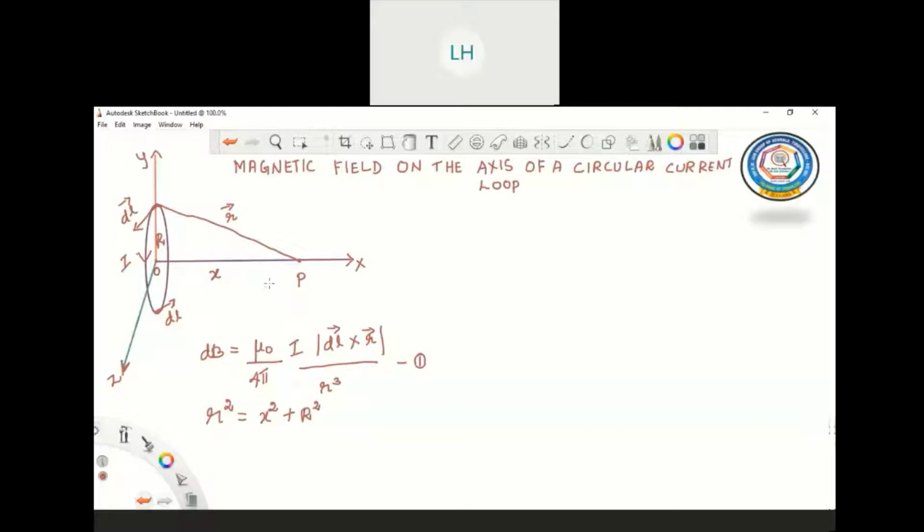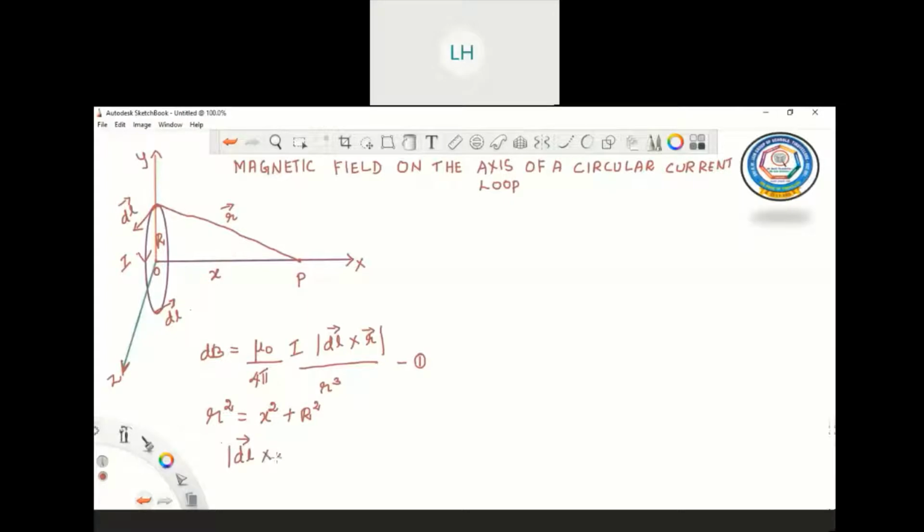Let us assume this element dl is in the yz plane, whereas the displacement vector, that is this r vector from dl to the axial point P, is in the xy plane.